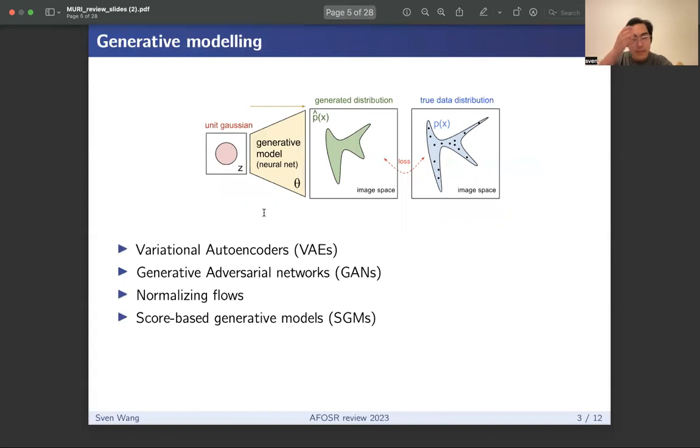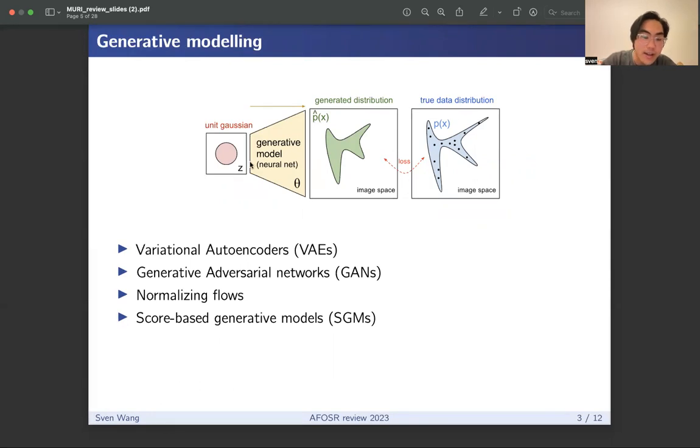Here's a schematic image of how many modern generative modeling strategies work. These include, for instance, variational autoencoders, generative adversarial networks, normalizing flows, and more recently, score-based generative models, which are based on diffusions.